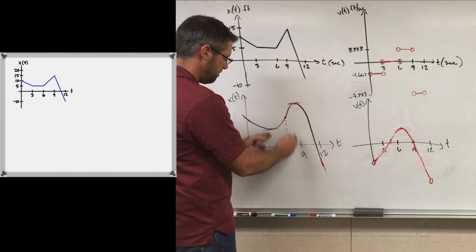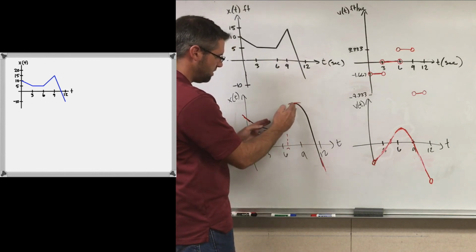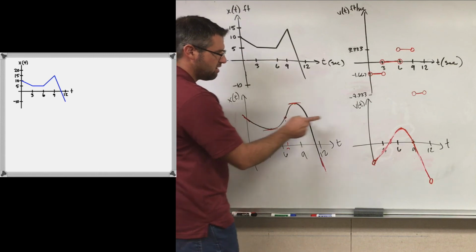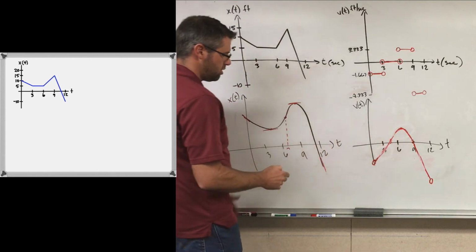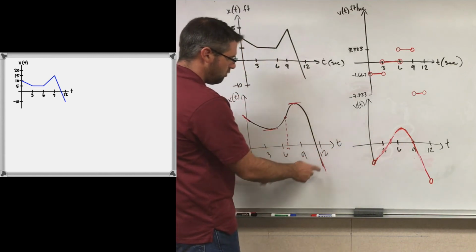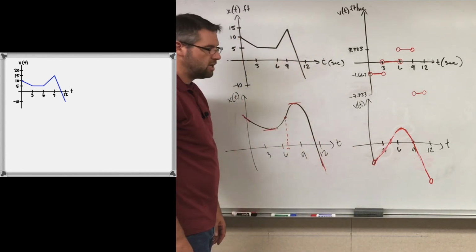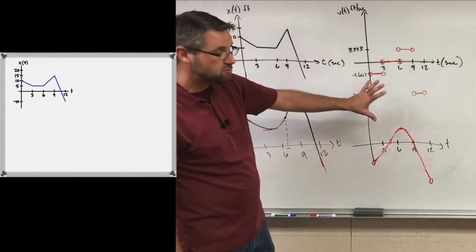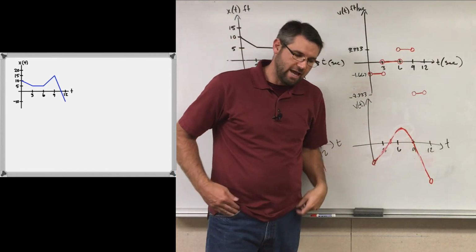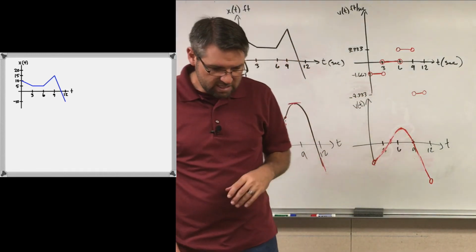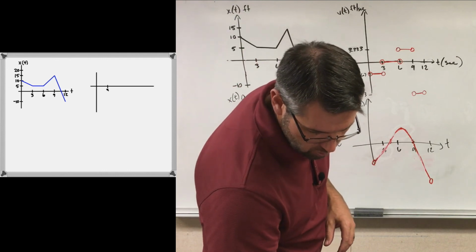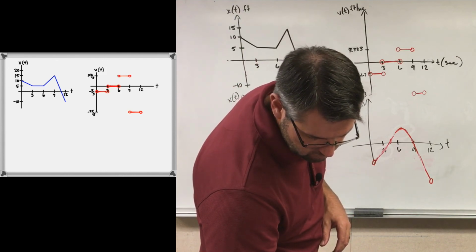It's increasing from 4.5 to 9. Where is it steepest? It's steepest here, therefore we put the highest point there. Where is it steepest over this interval? Well, at the end, so we put the lowest point there. Okay? Now these are very rough graphs right now. We will get more detailed as time goes on, but that's the idea of graphing derivative functions.